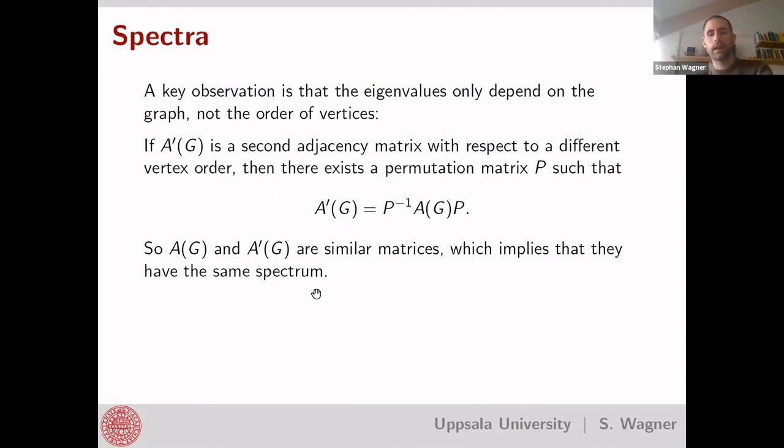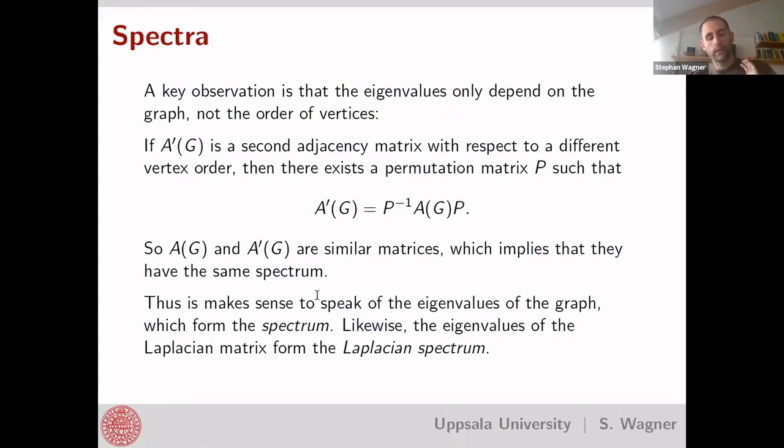And so it does make sense to speak of the spectrum of a graph, when we are referring to the eigenvalues of the adjacency matrix, because it doesn't matter which adjacency matrix we take. We could take any order of vertices and always end up with the same spectrum. And the same works equally well for the eigenvalues of the Laplacian matrix, and we call them the Laplacian spectrum.